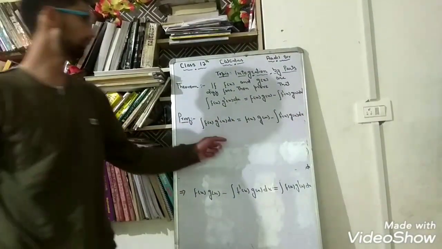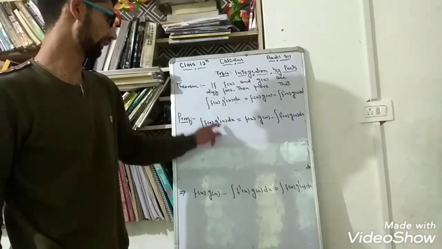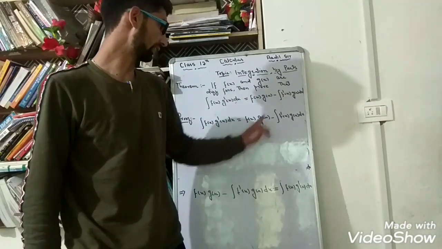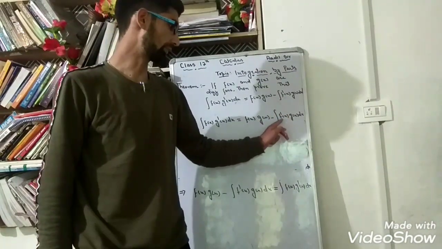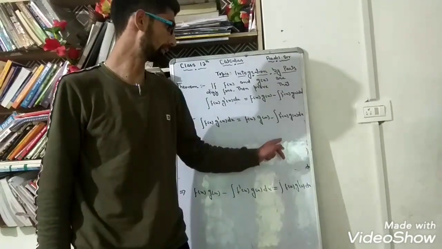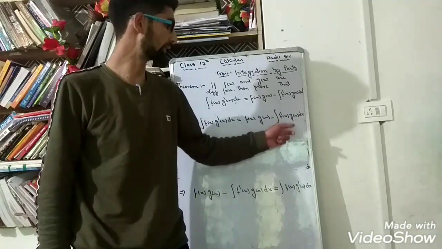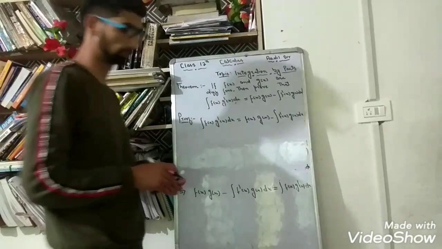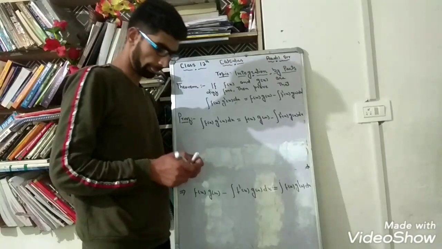Hence proved. This is what we had to prove: the integral of this product is equal to the function f(x) times the function g(x) minus the integral of the derivative of f(x) times g(x). Hence proved, this was our result. Now we will go to our method.